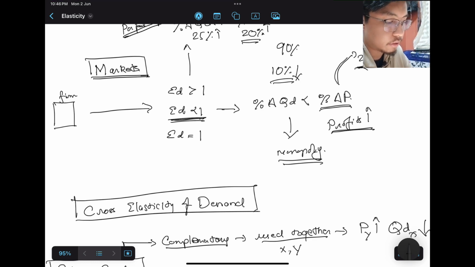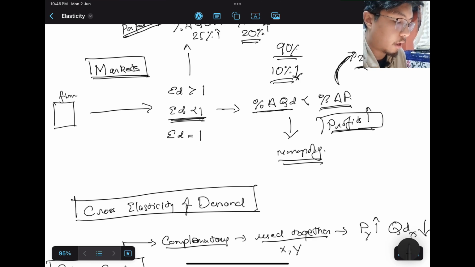The extent of my percentage change in prices triggers a lesser reaction from my quantity demanded. Then what I'm going to do, I'm going to increase my prices. Why? Because even if 10% of the people leave my product, there are 90% of the people who are going to consume at a higher price. Okay, so then obviously my profits are going to increase.